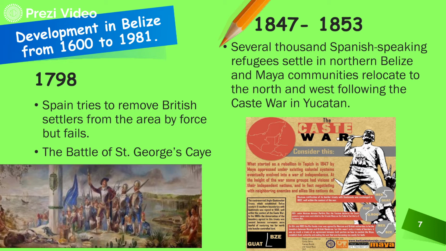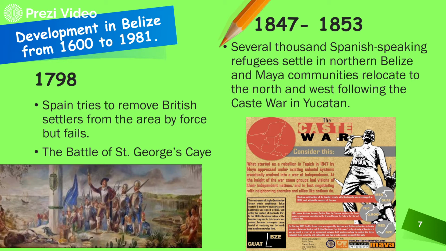And also, Spain tries to remove British settlers from the area by force, but they failed. So in this case, who had won the battle? Who won this battle? Very good. The British won the battle, or the Baymen at that time. Remember, it was the Spaniards and the Baymen. So the Baymen had won that battle.